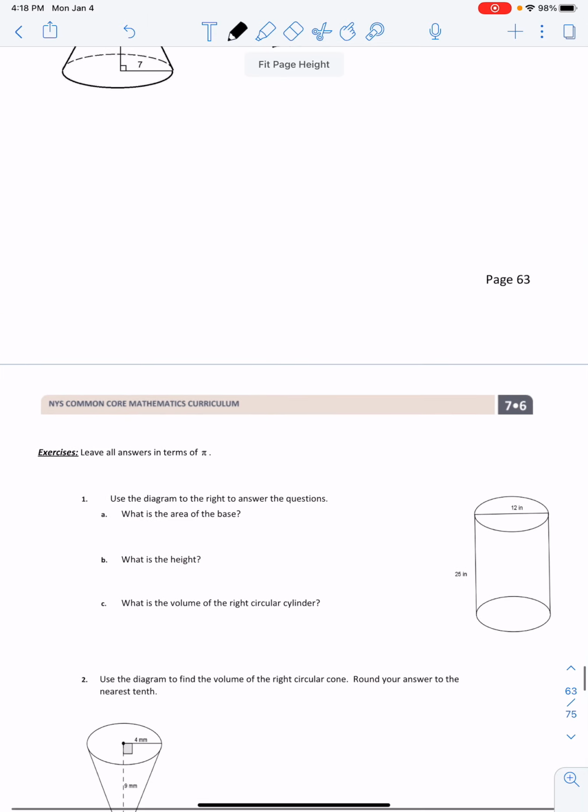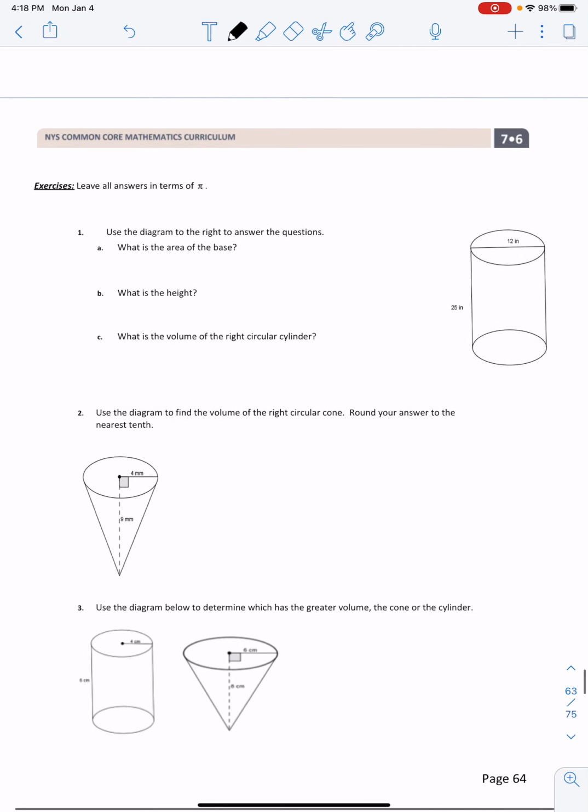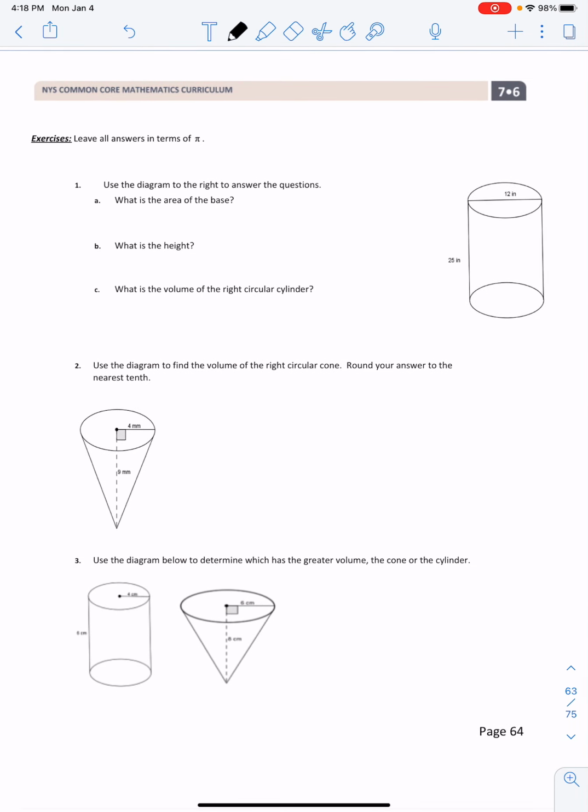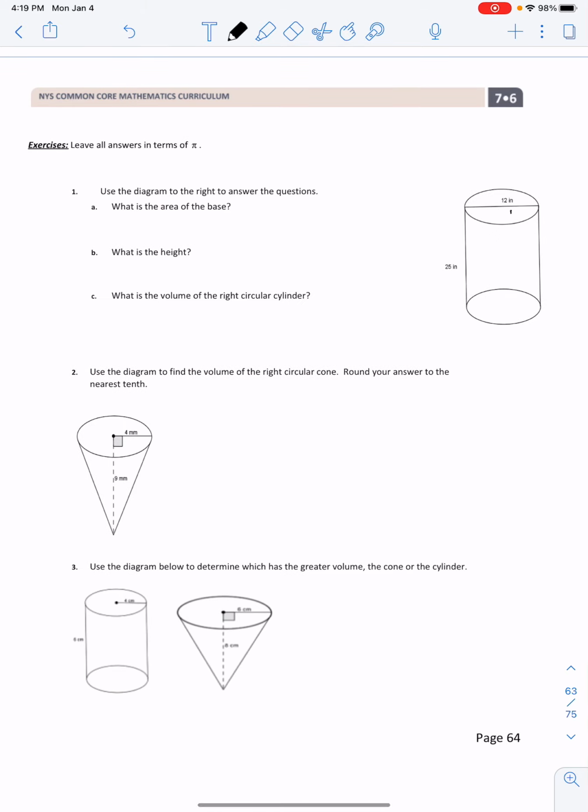Now, it says for these exercises to leave our answers in terms of pi. What is the area of the base for our cylinder? The area of our base, which is our circle, is pi r squared, which would be pi times 6 squared, which is 36 pi.